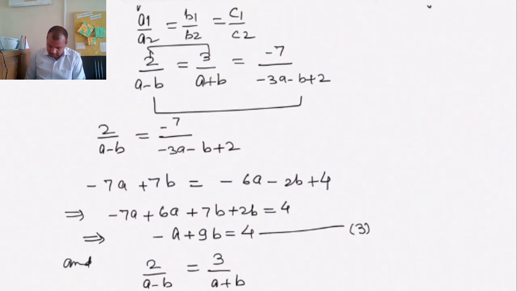And this implies that 3a minus 2a is equal to 2b plus 3b, that is a is equal to 5b.